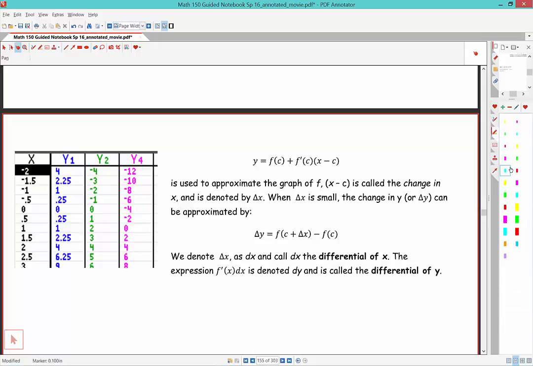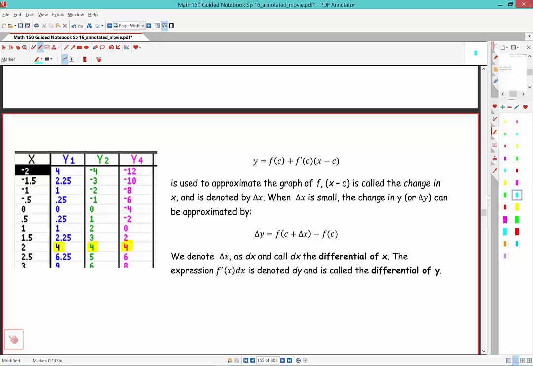All right, so basically what you're going to see here is this. You're going to see that exactly when x is 2, these outputs are all the same, right? So we get a very good approximation to the slope of the graph exactly when x is 2.